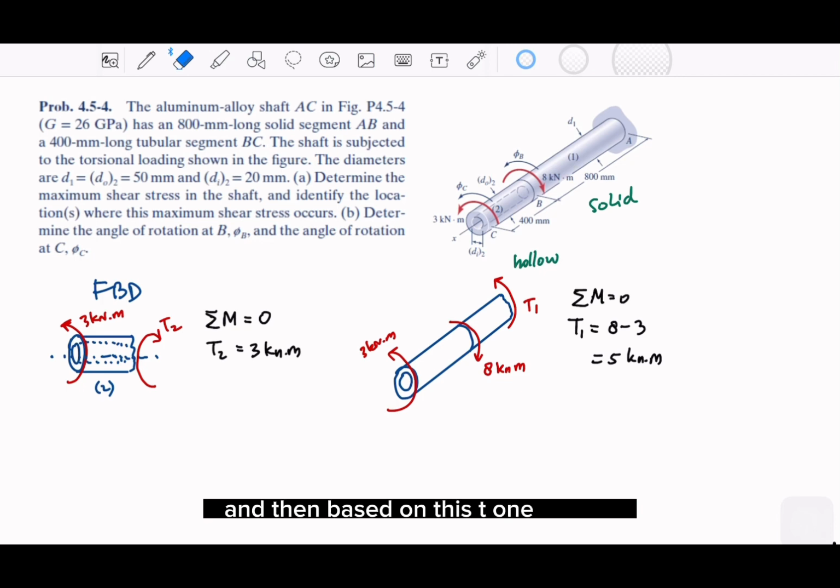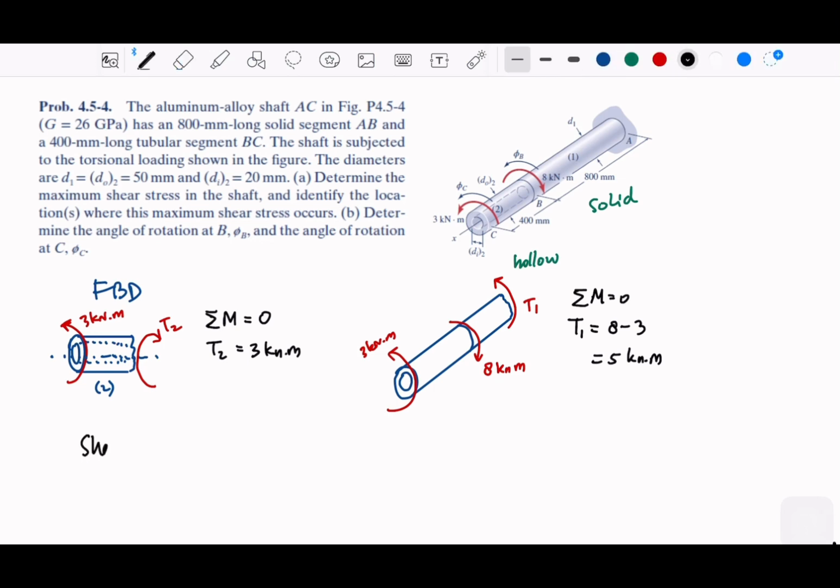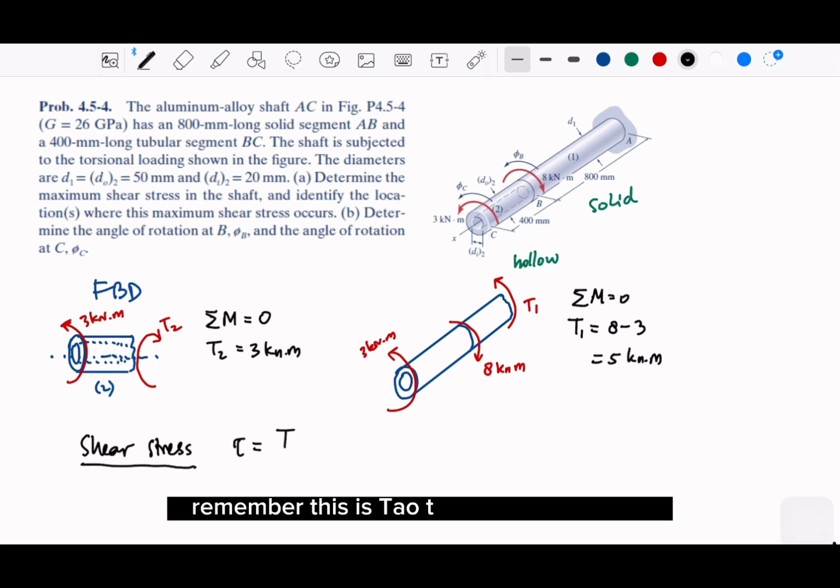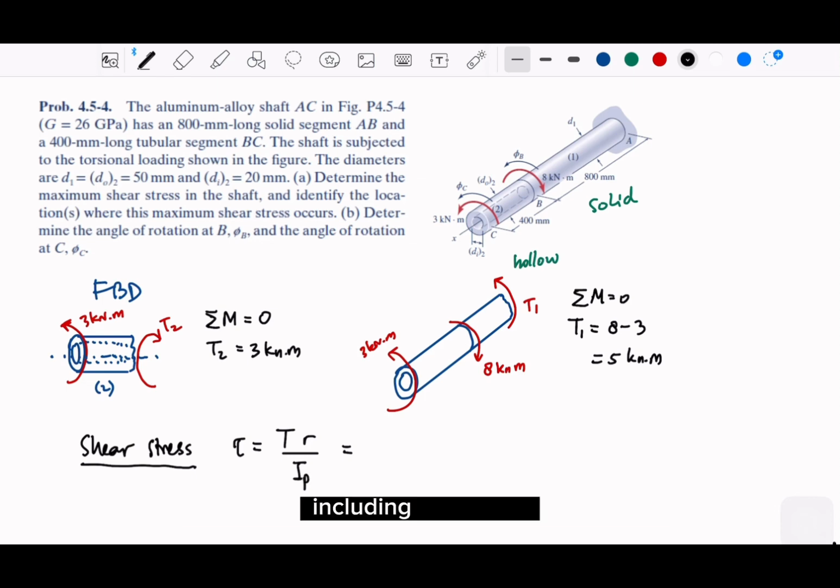And then based on this T1 and T2, we can take to this shear stress formula. Remember, this is tau equals T R divided by inertia. Or if you want to write in diameter directly, including the inertia, for solid, we get 16 T over pi d cube.